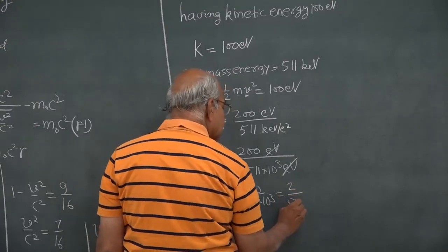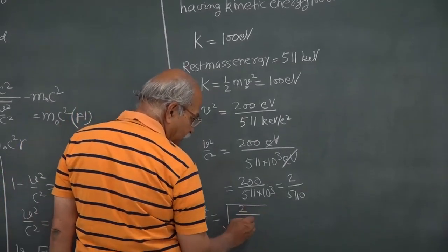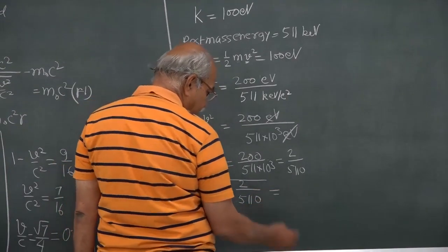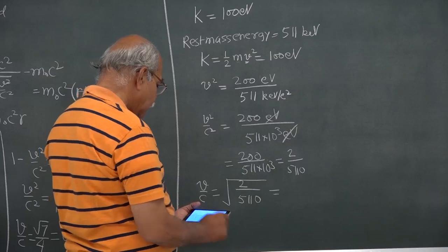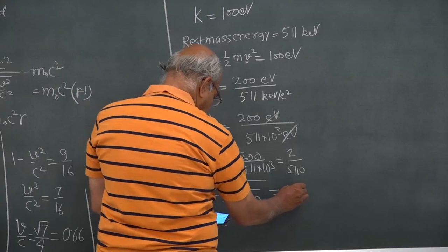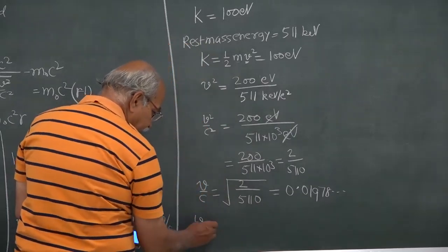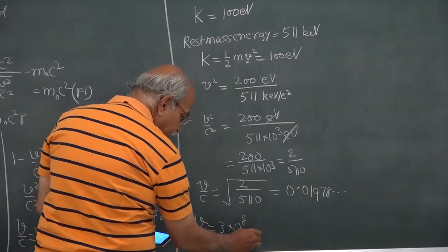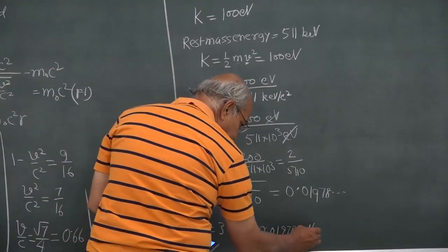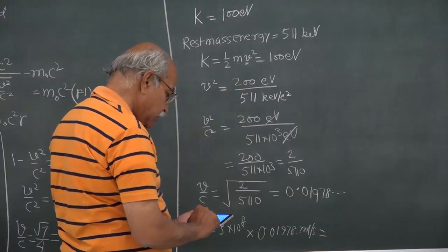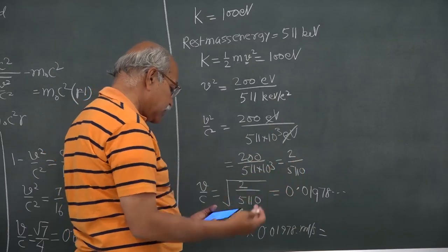It is 2 divided by 5110 and from here V by C will be square root of 2 by 5110 and you can work out how much it is, and that is 0.01978 etc. So, V is 3 into 10 power 8 multiplied by this quantity 0.01978, meter per second, which is equal to 0.05935 etc. We will stop at 0.059.